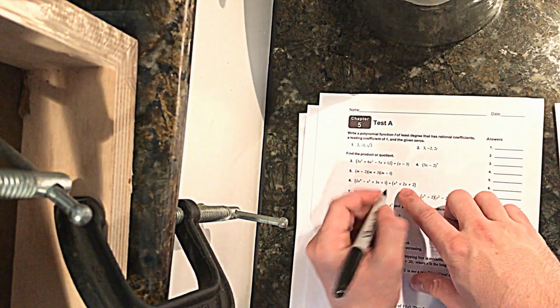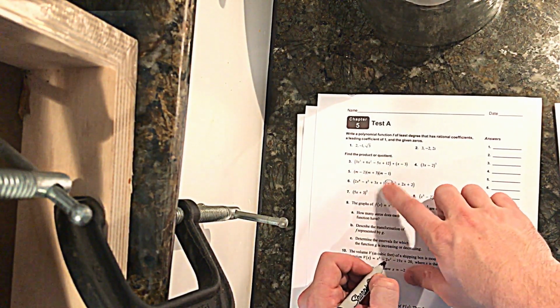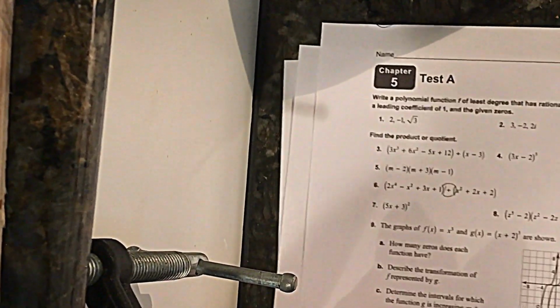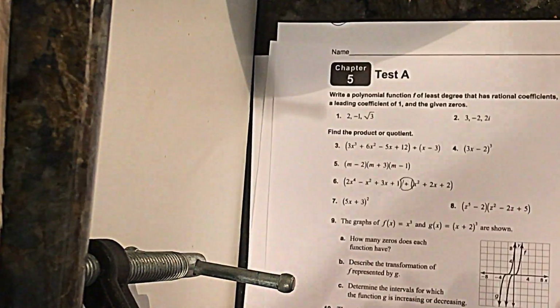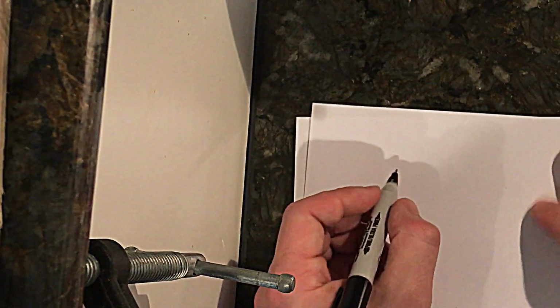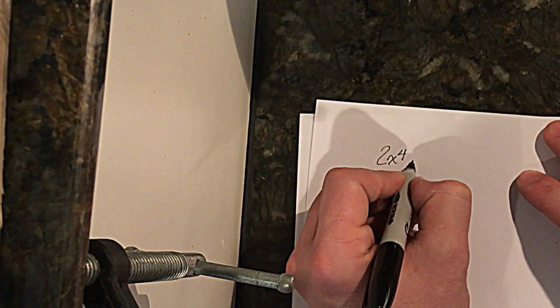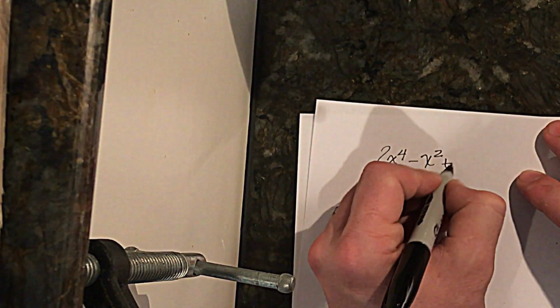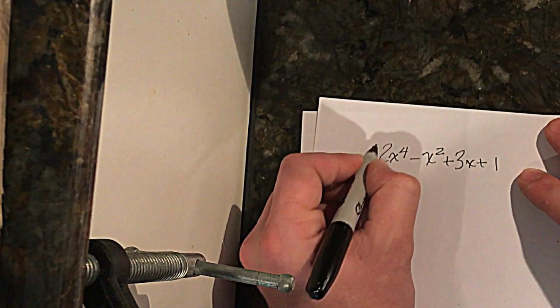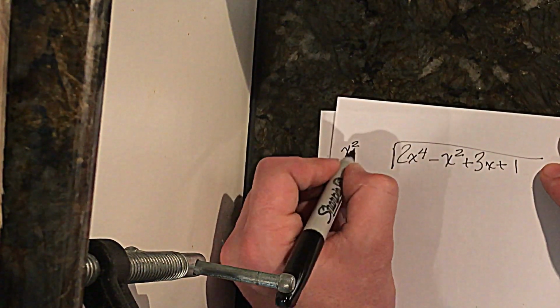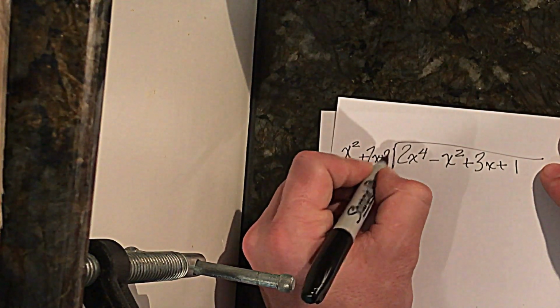All right, number 6 is just a division problem. So we're going to set it up the exact same way. We're going to have 2x to the 4th minus x squared plus 3x plus 1. We're going to divide it by your x squared plus 2x plus 2.